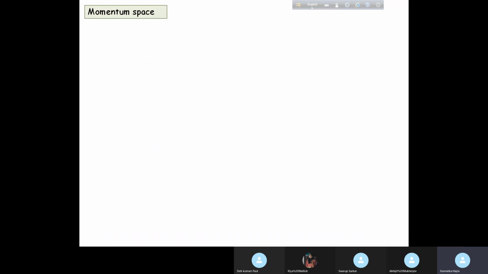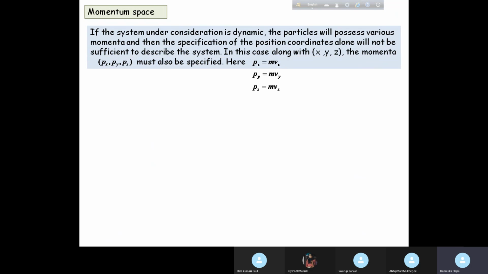Next we discuss momentum space. What is momentum space? Three-dimensional coordinate system in which the axes are the components of the linear momenta of the given particle.